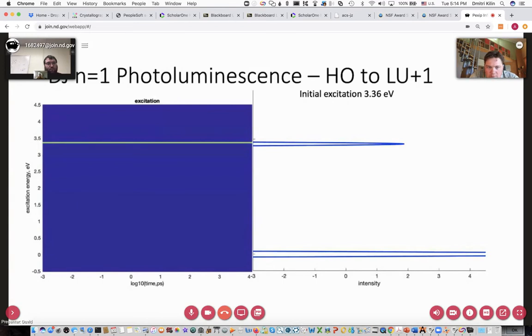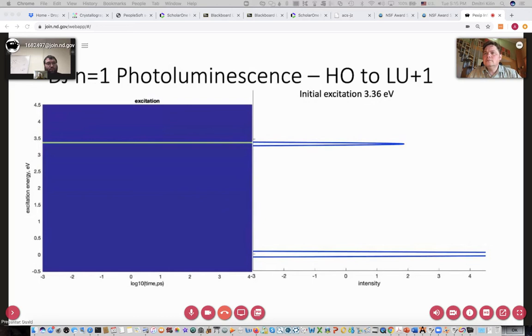So here we have the photoluminescence time resolved and time integrated spectrum for the n equals 1 model, and like Aaron was talking about, we have this odd peak here based on the degeneracy of the HOMO and LUMO, but we also see a peak, and this is basically right at the initial excitation value.